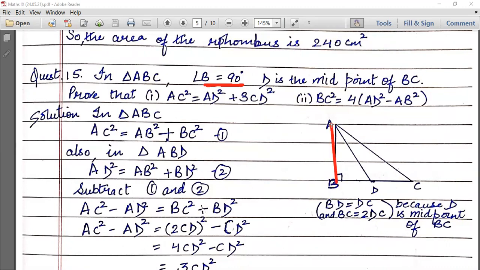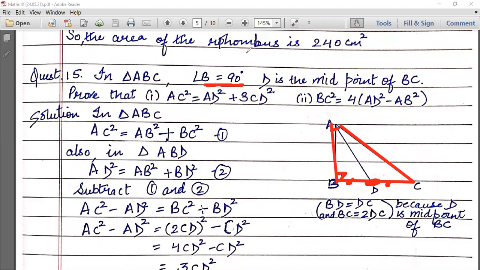This is your AB, this is your length BC, and this is your AC, and your 90 degree is at angle B. And D is the midpoint of BC. It means BD is equal to DC. Now you have to prove that AC square is equal to AD square plus 3 times CD square.